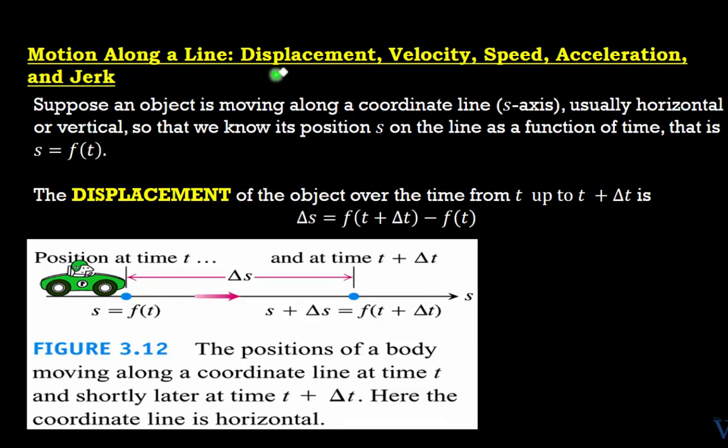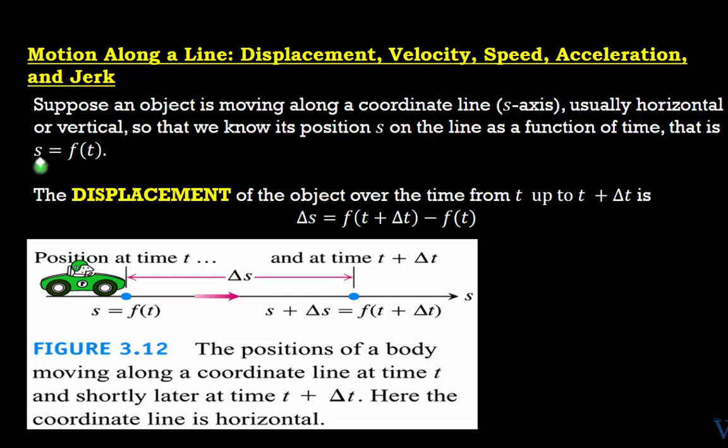Motion along a line. Let's talk about displacement, velocity, speed, acceleration, and jerk. Suppose we have an object that is moving along the coordinate line, so this is your s-axis right here. Usually horizontal, it could be vertical, so that we know its position s on the line as a function of time.